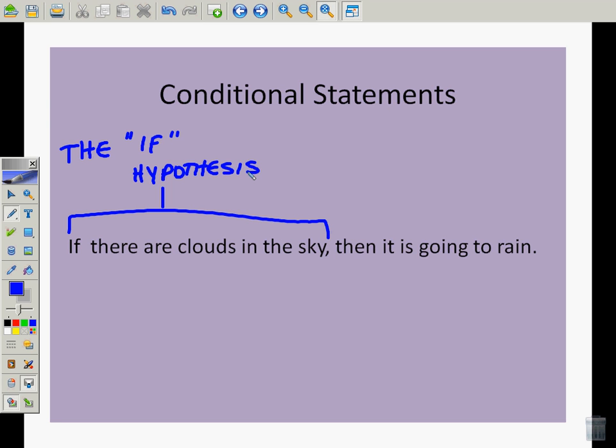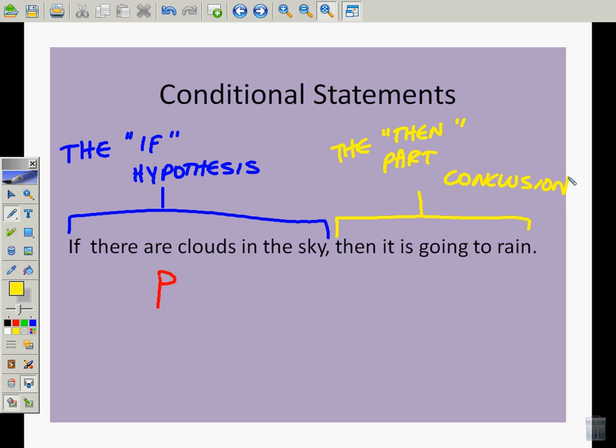Okay? We're going to call this P. Lowercase p. Okay? The second part is the then part. Okay, this is called the conclusion.